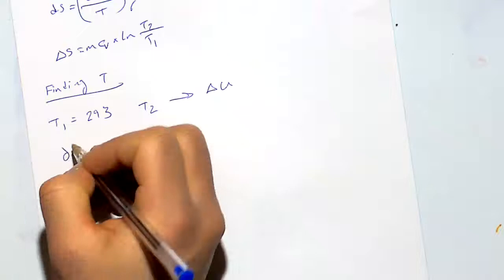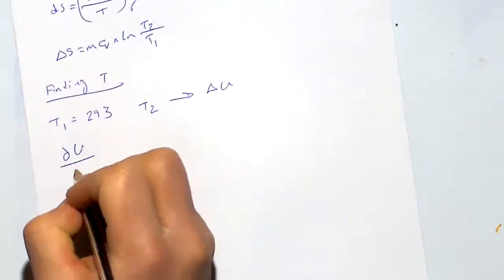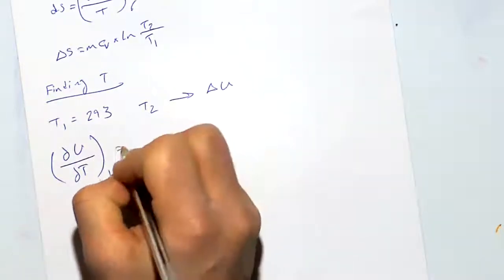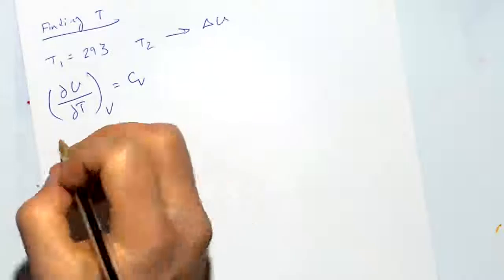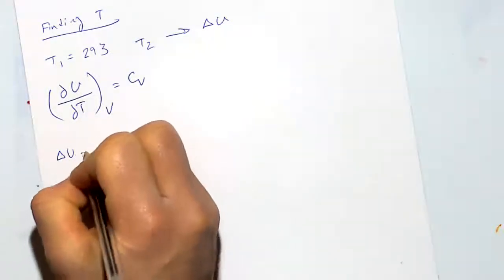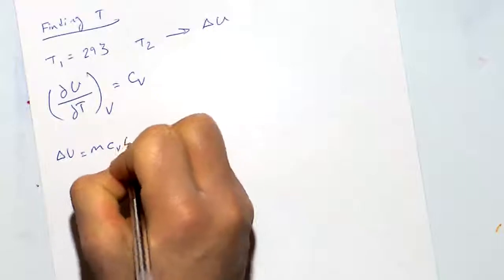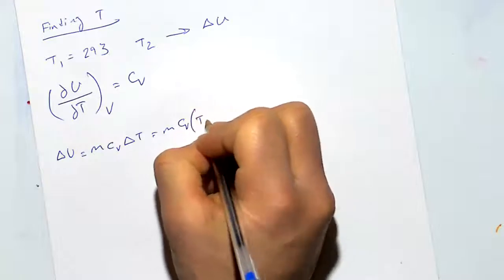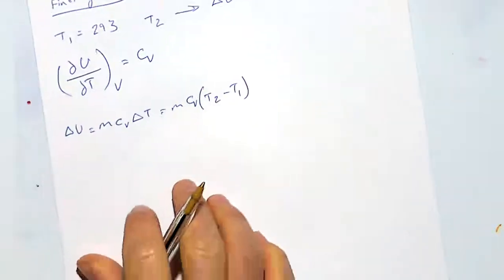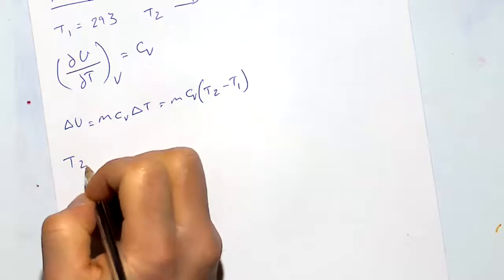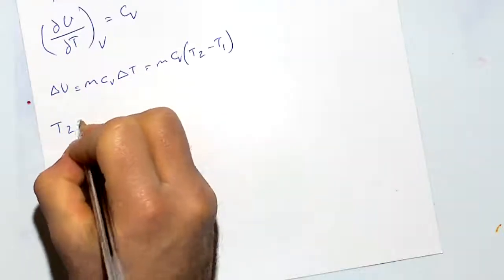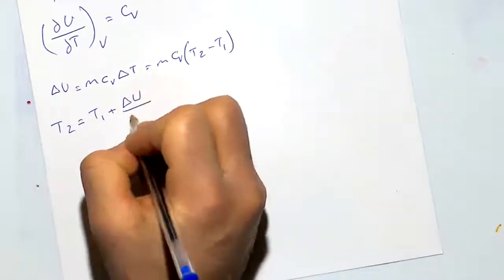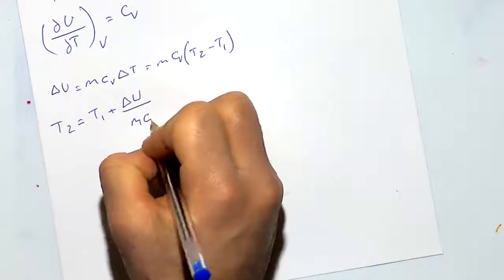We know that the infinitesimal change in U equals Cv times the infinitesimal change in T for a constant volume system. You've all seen this. So the change in U equals mCv delta T equals mCv (T2 minus T1). Therefore, T2 equals T1 plus delta U over mCv.